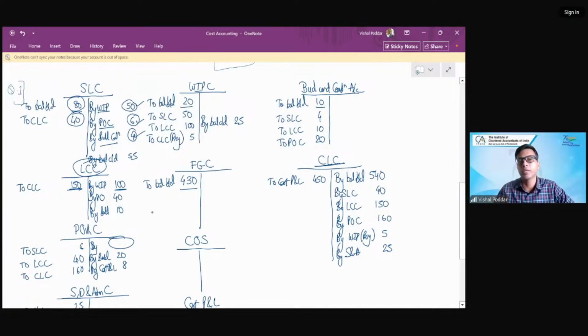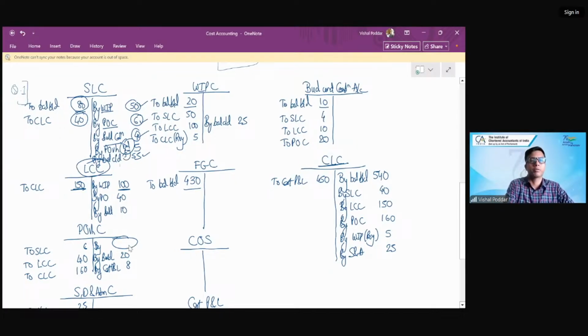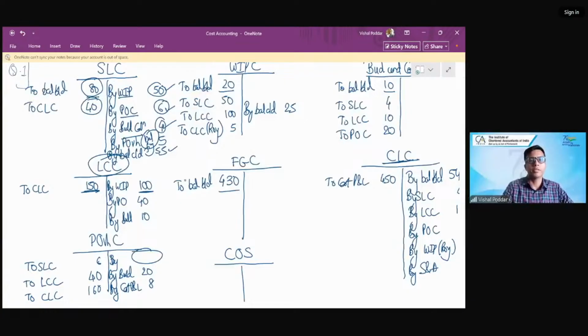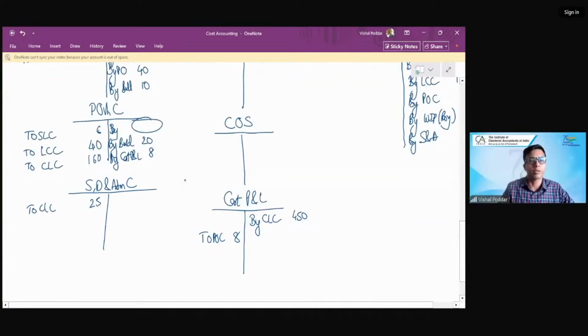So this makes it 60, and 55 is balance. So this makes it 115. So the difference or the loss is 5, which they have specifically asked me to transfer to production overheads. So call it the balancing figure. And then this 5, I will post it here.